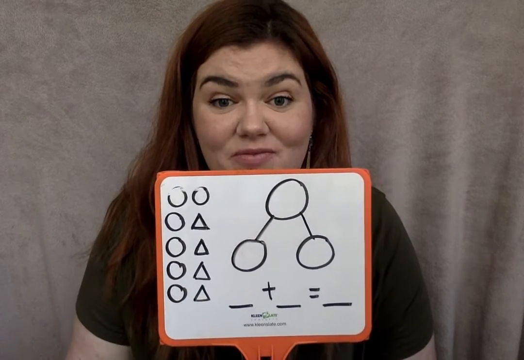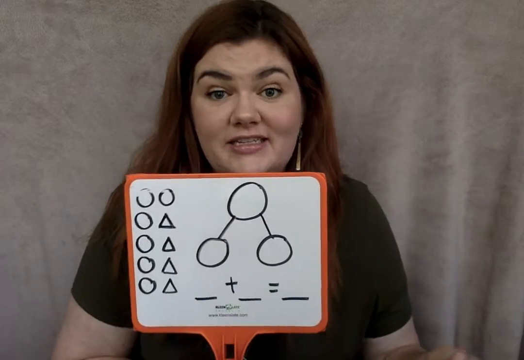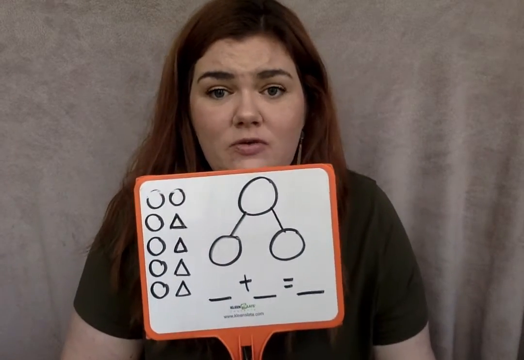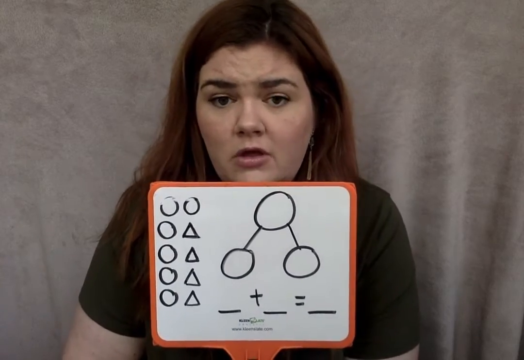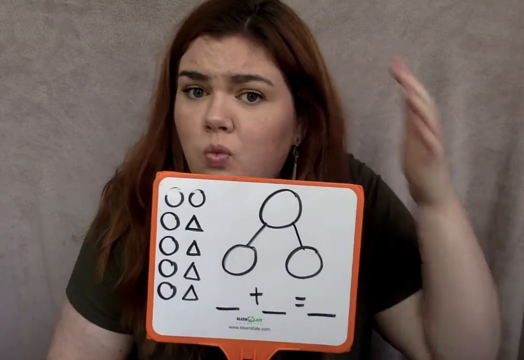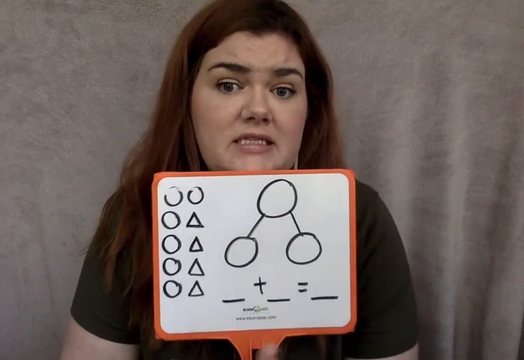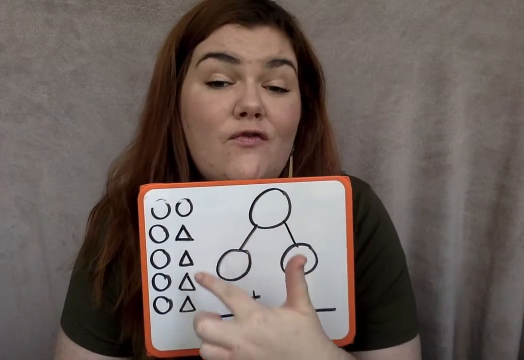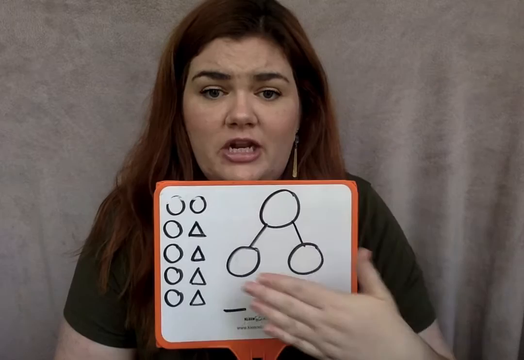Okay, so I would like your student or students to notice that we have 2 different shapes. They're not the same shape, they're different. I would like you to think, where would the numbers of those 2 different shapes go? We have 6 circles and 4 triangles. Where would those go in our number bond?